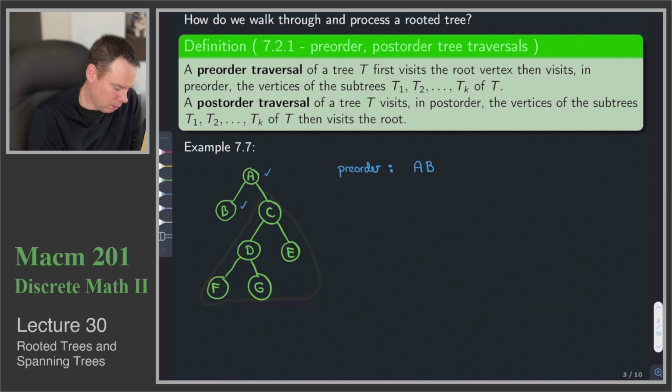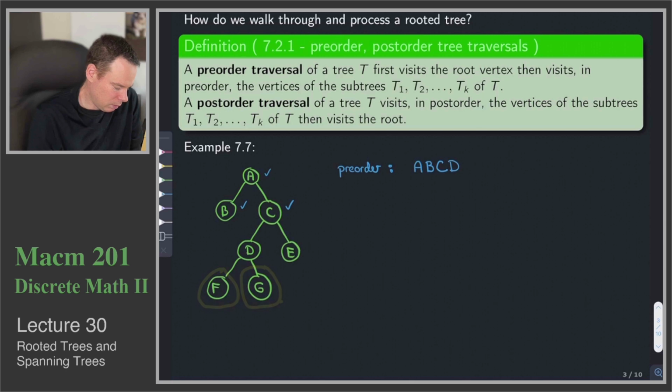So to do that, I go ahead and I visit the root of it. And then I visit the vertices in each of its subtrees in preorder fashion. And so then I go to work on this subtree rooted at D. Visiting it in preorder means I visit the root, and then I visit the vertices in the subtrees of that root.